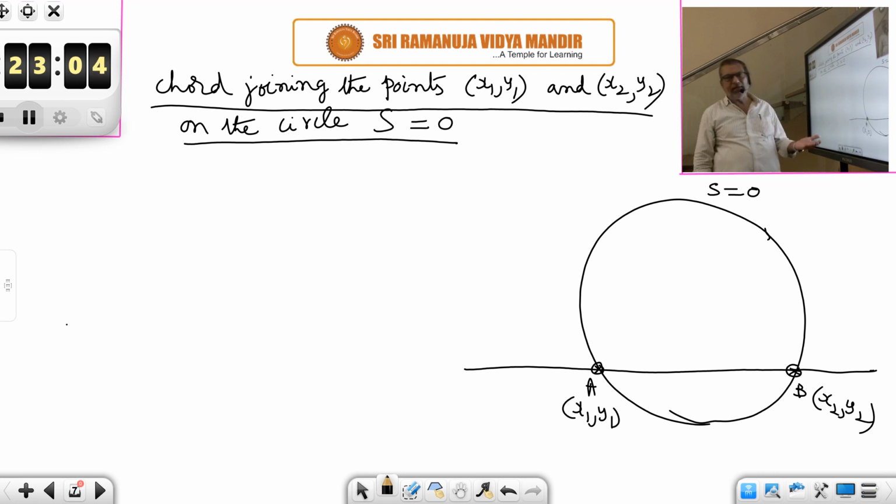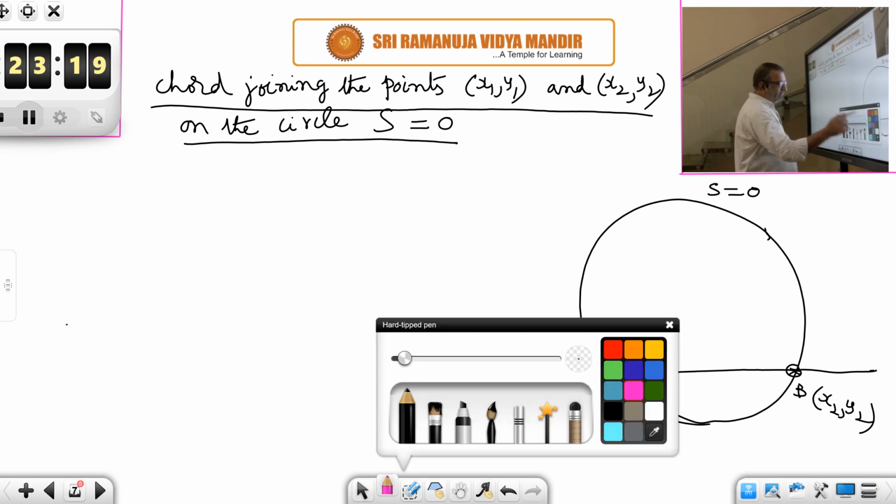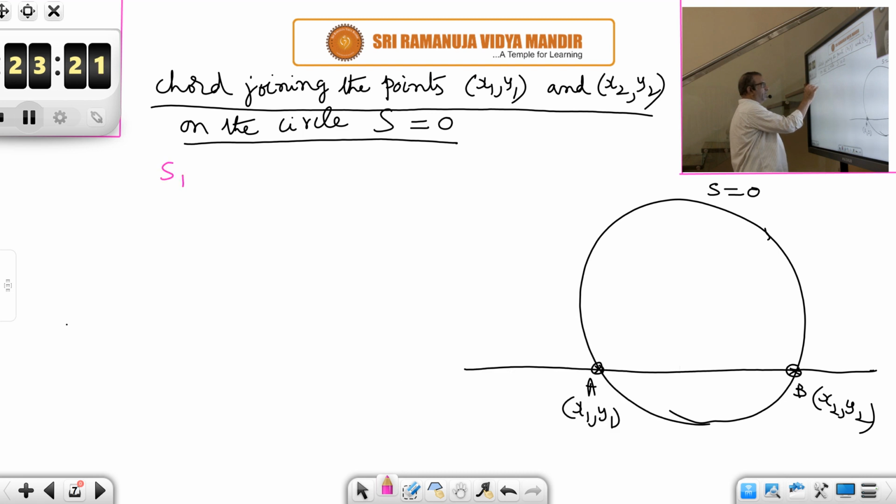It is also called a secant line of the circle. So I want to find the equation of this chord. The formula is S1 plus S2 is equal to S12.